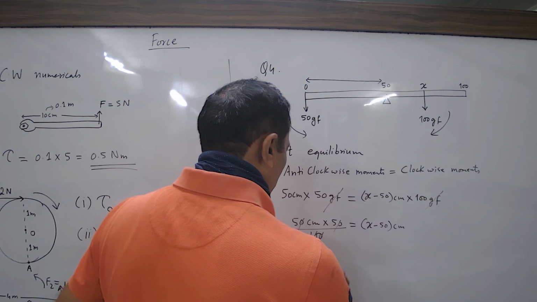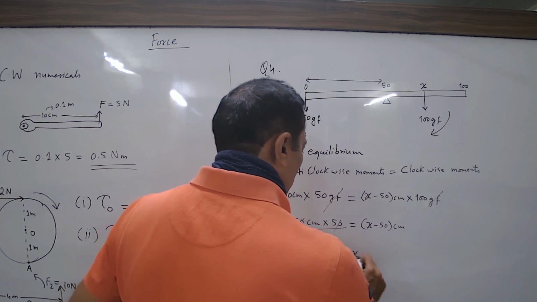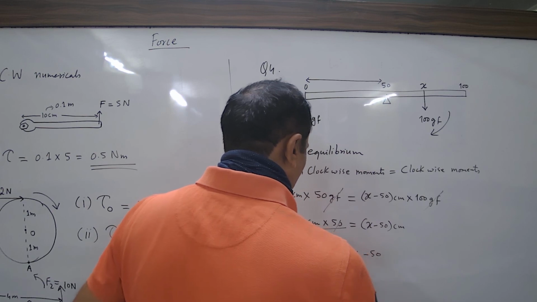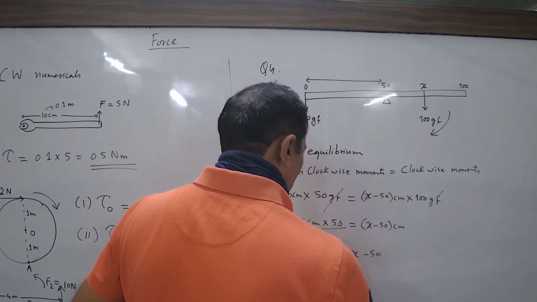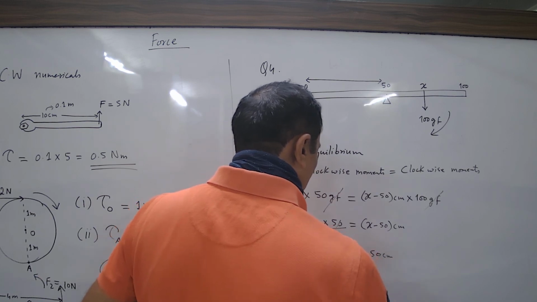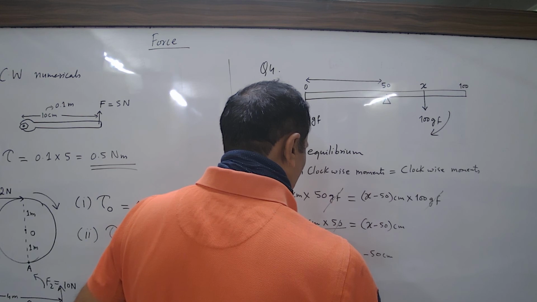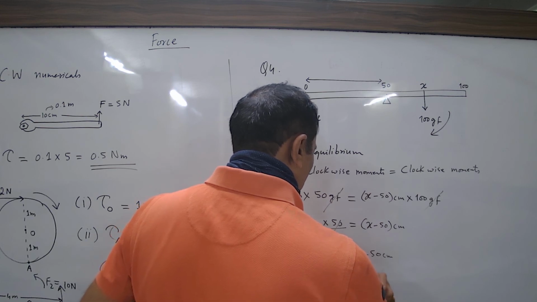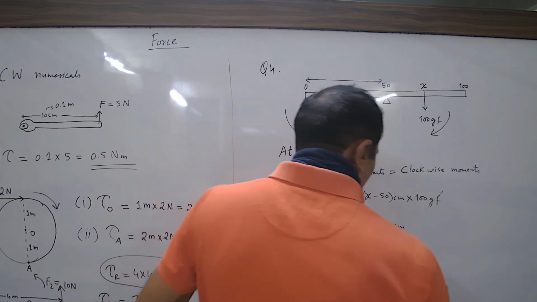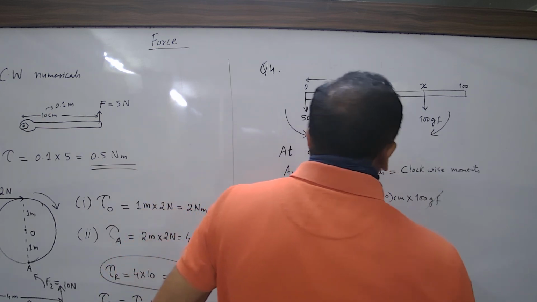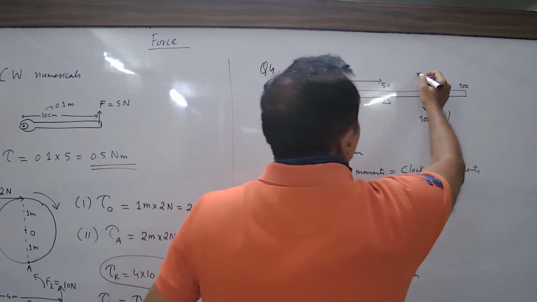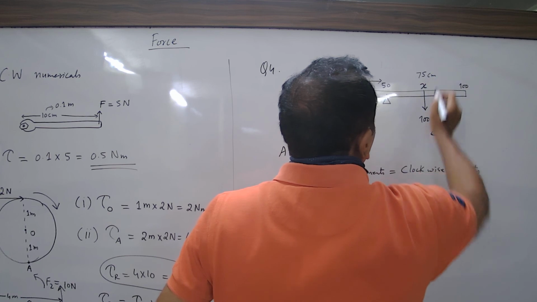This is 25 centimeter is equal to x minus 50. So this gives x is equal to 25 plus 50 centimeter, which is 75 centimeter. So the weight should be hanged at the 75 centimeter mark.